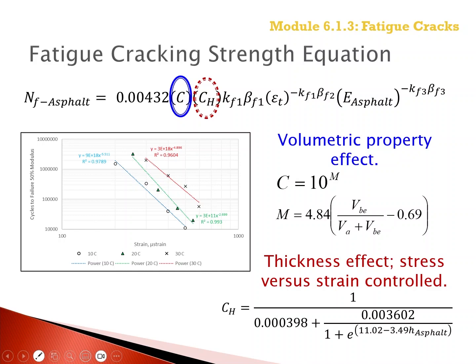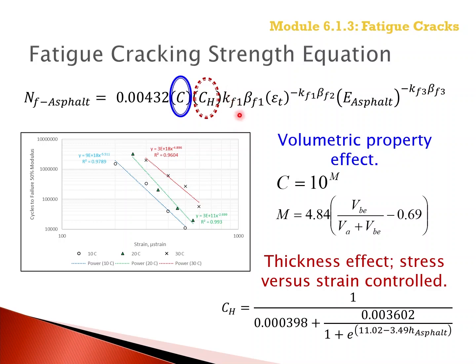So the fatigue strength parameters, as noted in Module 445, are simply the K coefficients or variables in the allowable number of load applications regression equations. And we'll discuss these in more detail a little later in this module.